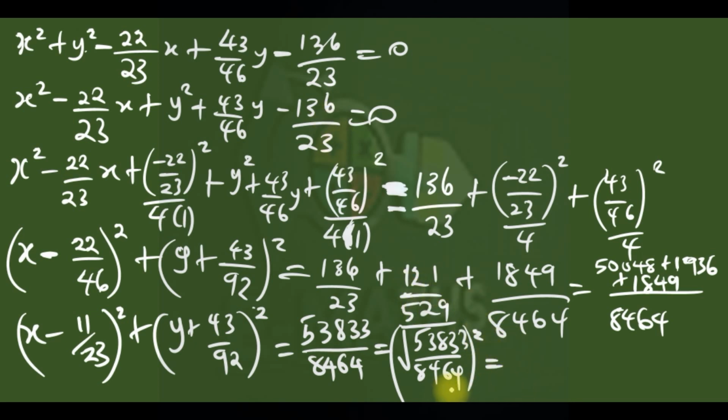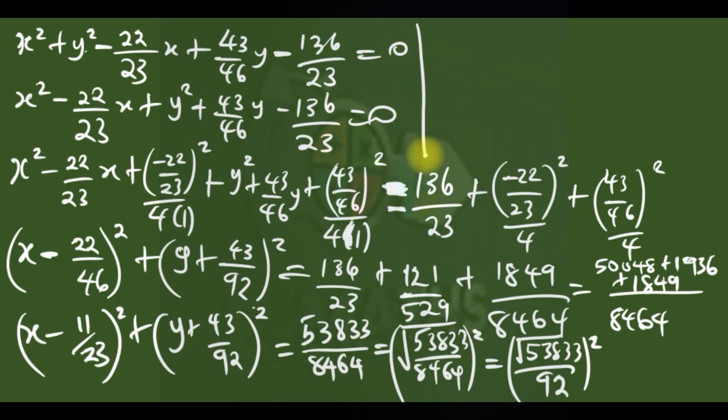The square root of 53833 is not a perfect square, so let's write the square root of 53833 over the square root of 8464, which is 92, all squared.